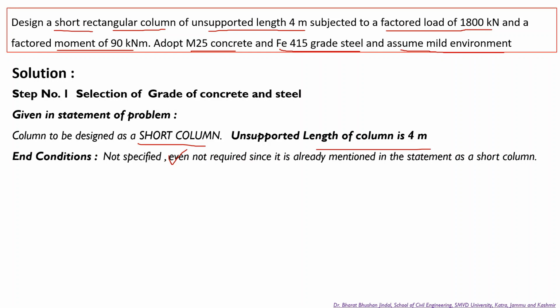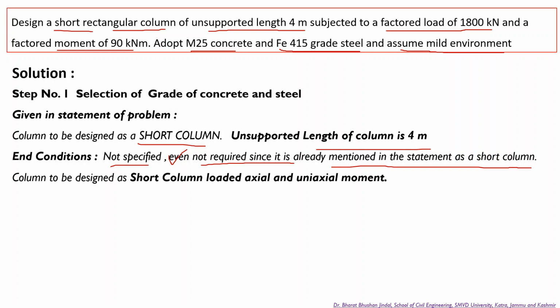No end conditions are specified, and they are not required, because it is clearly mentioned that it is a short column. We have to design taking into consideration the guidelines as well as the formulas which we use in designing a short column.